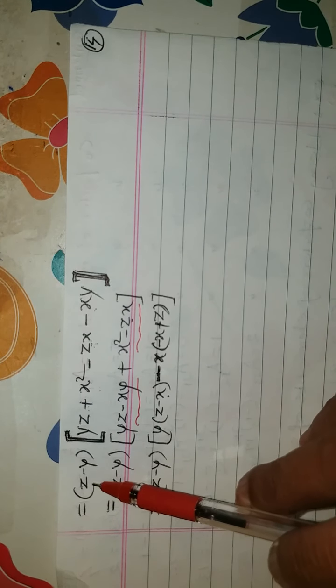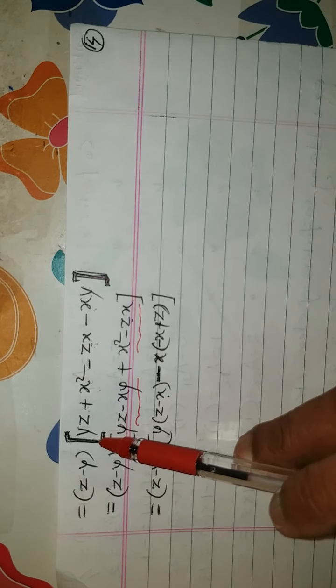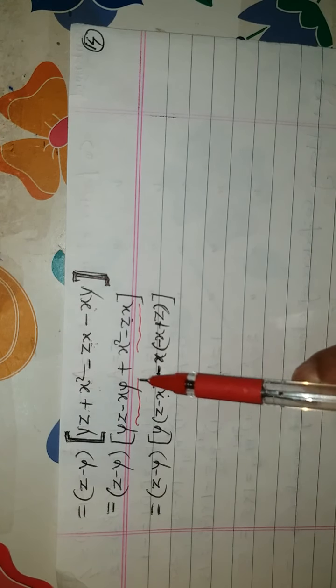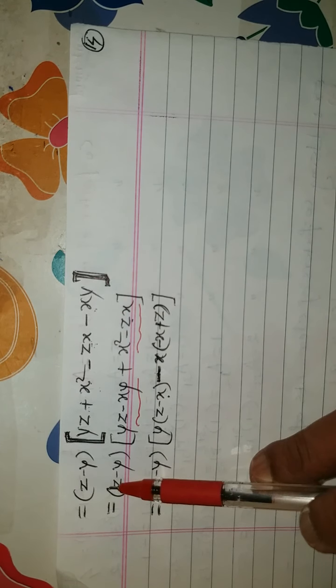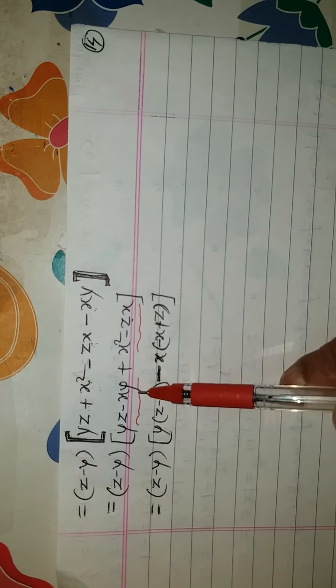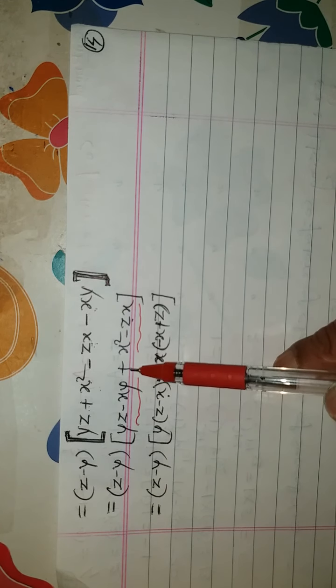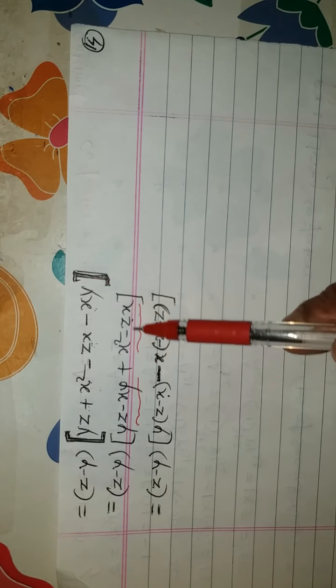Hence z minus y as a common factor into the bracket yz plus x square minus zx minus xy. That is z minus y into the bracket yz minus xy, plus x square minus zx.